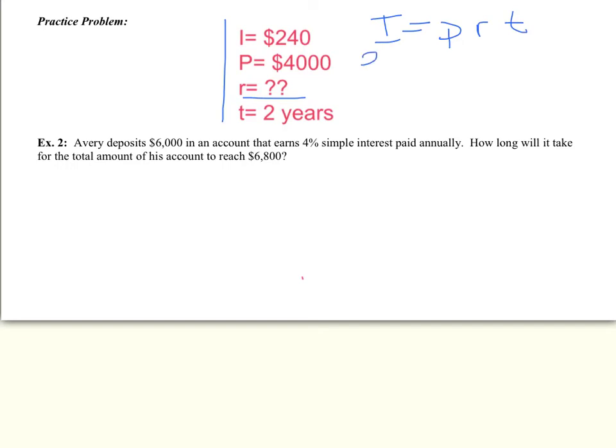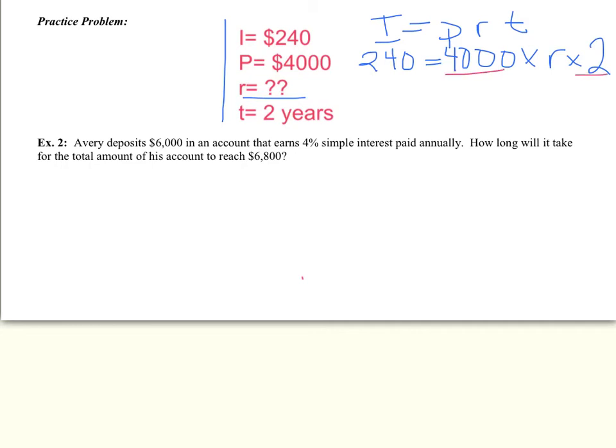All right, substituting the information we know. We just plug everything in, our interest, our principal, our rate is unknown, so I leave the R, and the time is 2 years. Just like we did on that second part of example 1, I am going to multiply what I know.